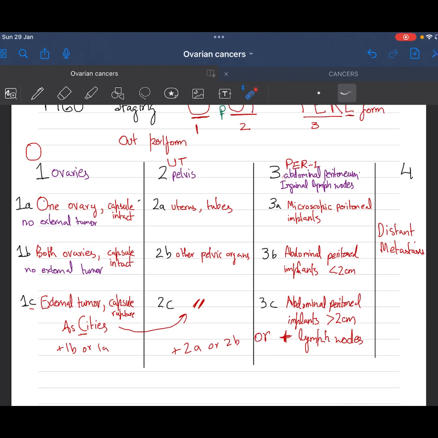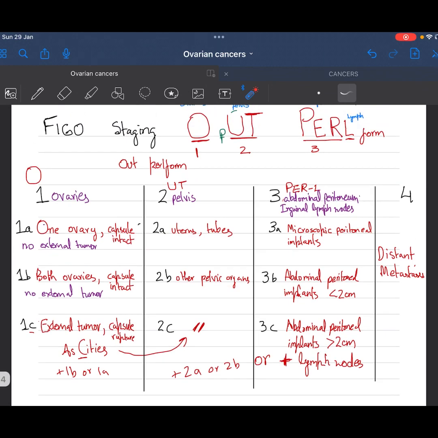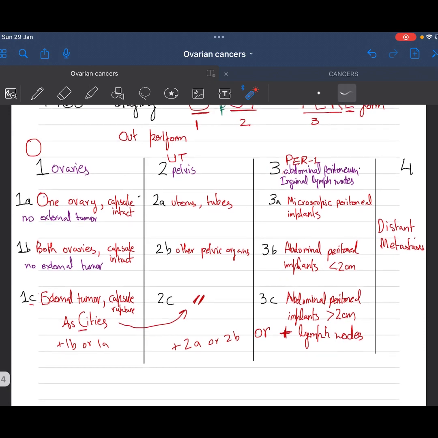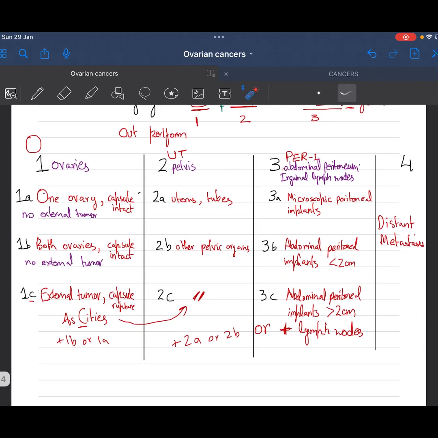Second is for the pelvis, where we have taken the mnemonic UT. 2A is uterus, as we can see UT, uterus, or TU, tubes. 2B is any other pelvic organ, so remember the word P in between if you can. 2C is again the same as 1C, but it can have the other 1A, 2A, or 2B stages in it.